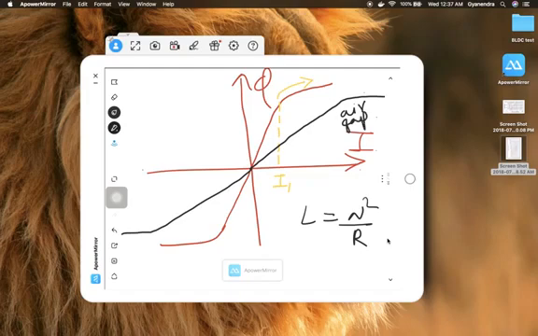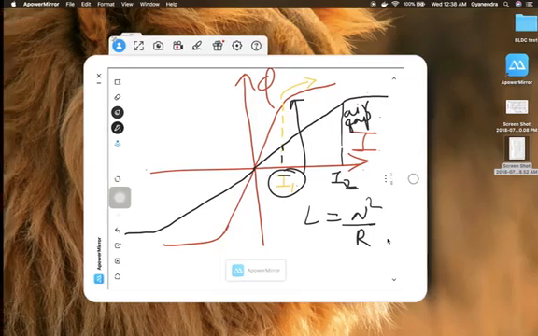But what is the advantage here? The current which was saturating the core without an air gap will not saturate the core if there is an air gap. So the current required to saturate the air gap inductor will be higher than without an air gap.